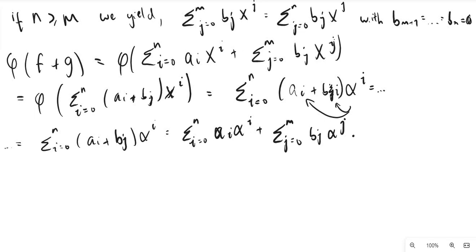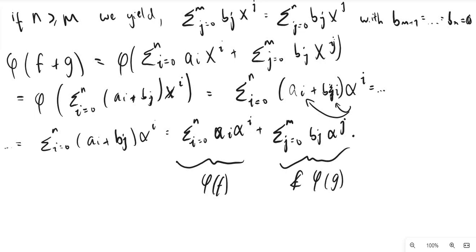And again, we show that this is equal to phi of f, and this is equal to phi of g. And again, we've shown that this follows the additive notation. So phi of f plus phi of g.